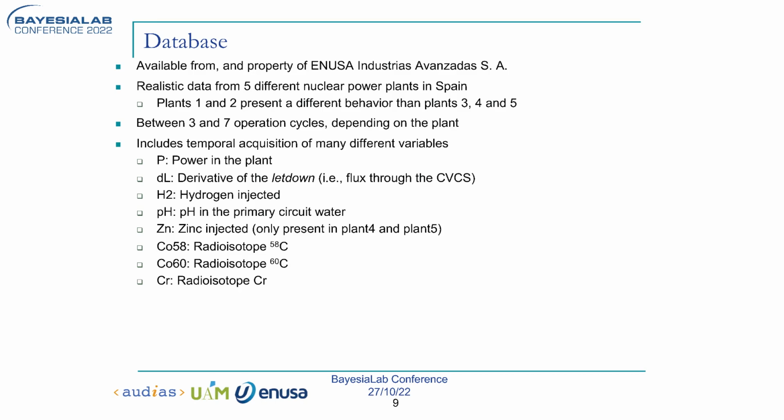Also, we have the radioisotopes: cobalt 58, cobalt 60, and chrome. The most important ones are cobalt 58 and cobalt 60, and in particular cobalt 60 because of the radiation, the time it takes for radiation to become sufficiently low is a big amount.